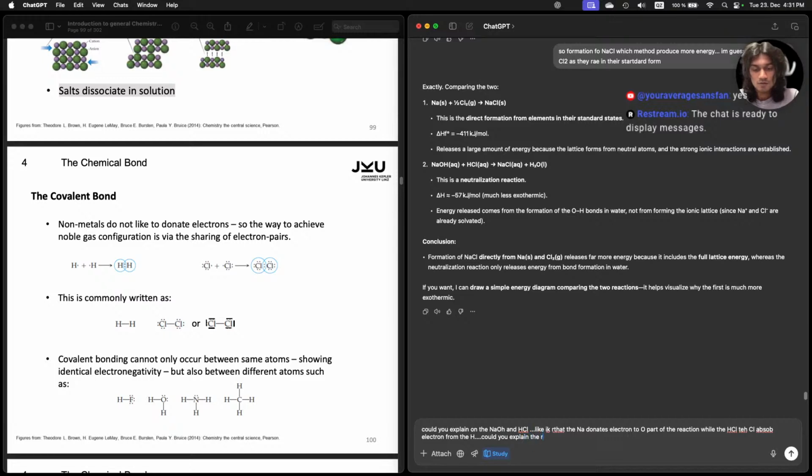Explain formation of these acid and base.